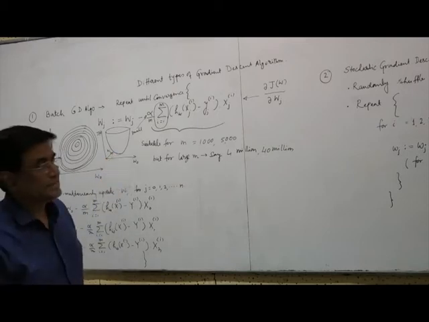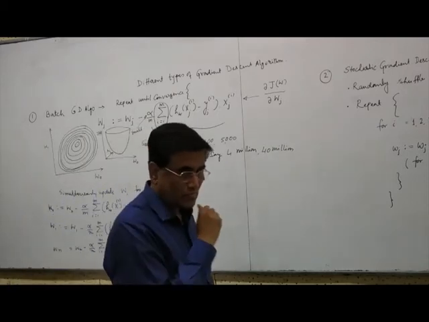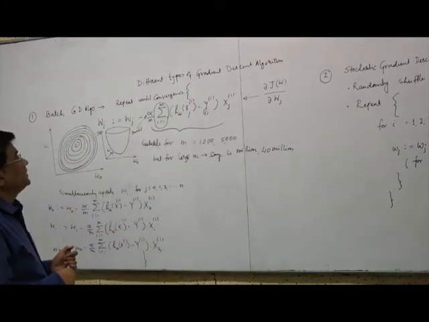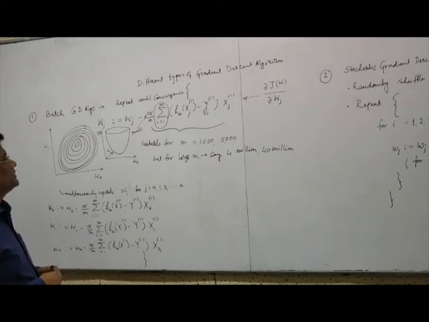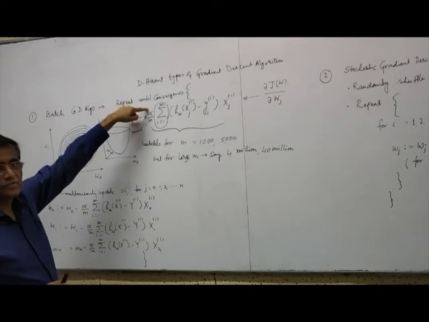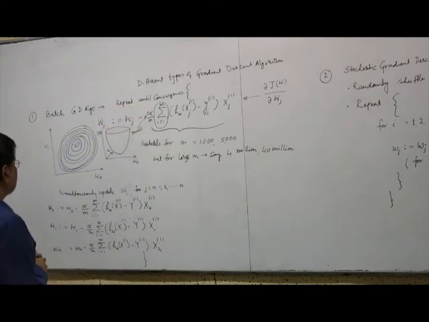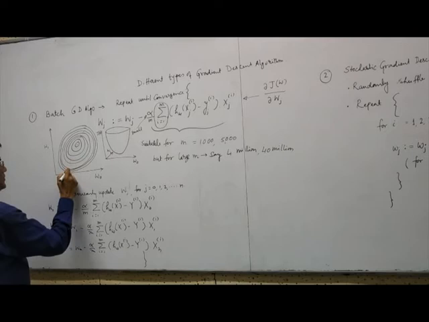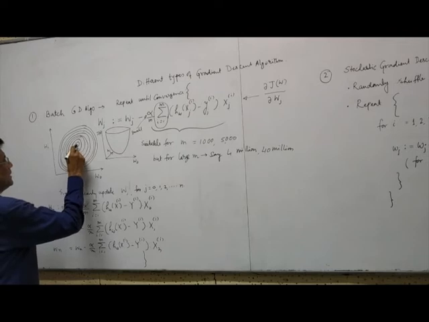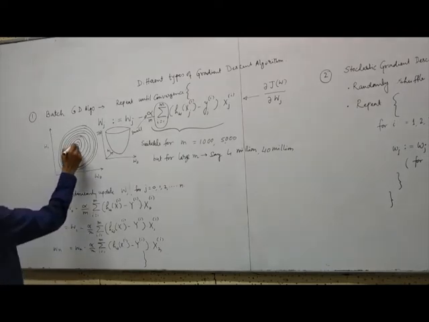So computationally, this algorithm will be poor, meaning it will require a lot of computation. If together with a large n, you select a very small alpha, then it will move. Say for example, this is the initial state, these are the states, and this is the destination or goal.